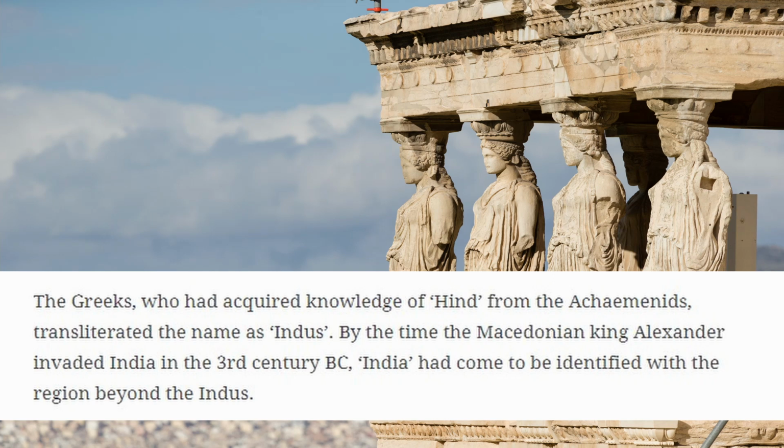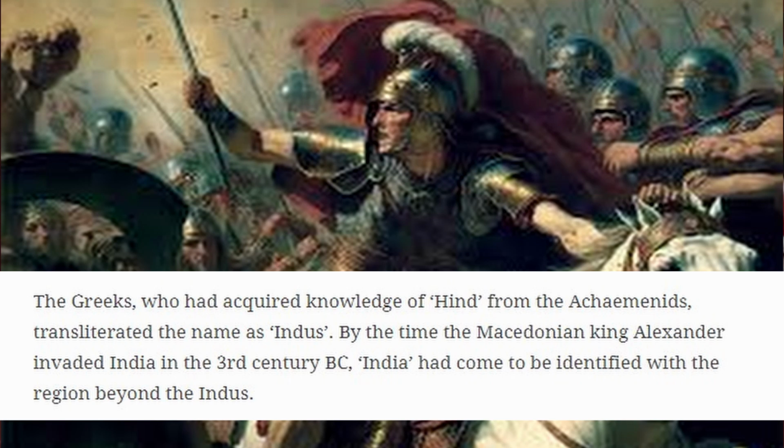But the Greeks, who had acquired the knowledge of Hind from the Achaemenids, transliterated the name as Indus. By the time the Macedonian king Alexander invaded India in the 3rd century BC, India had come to identify with the region beyond the Indus.